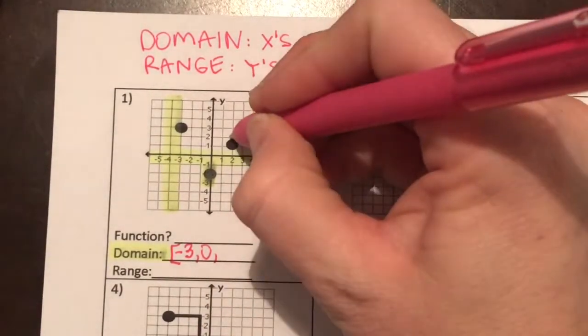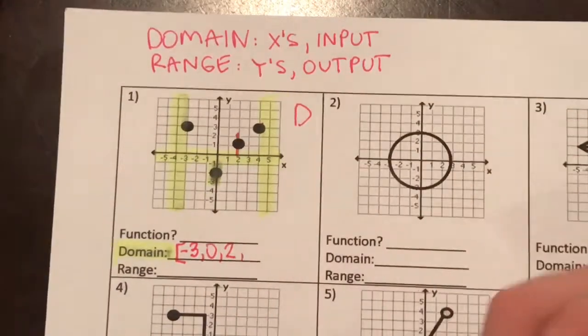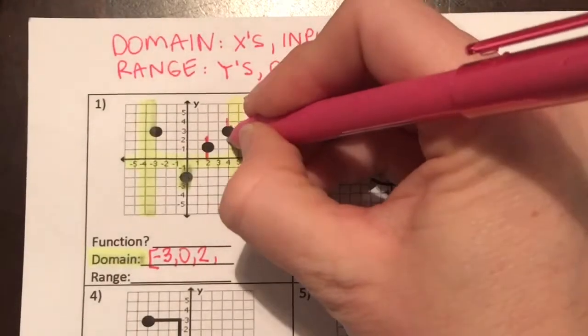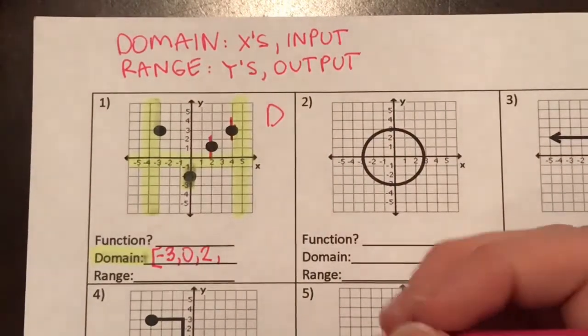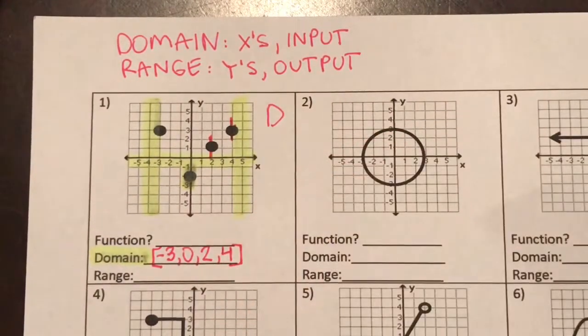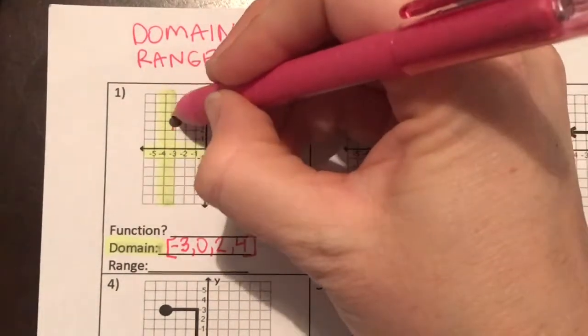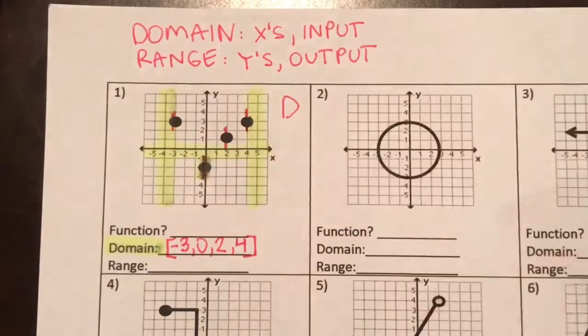Okay, and then my next one right here is at 2. And then the next one is at 4. And I have just found the domain for this discrete function, and that is all of my x values. Okay, so it's all right there.